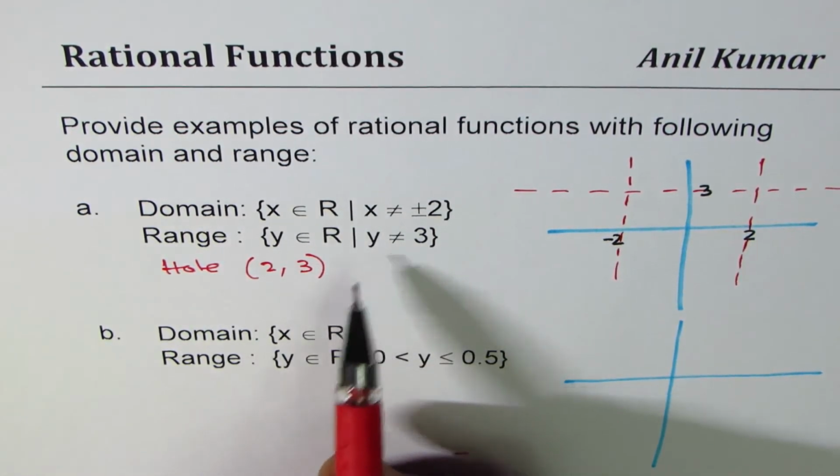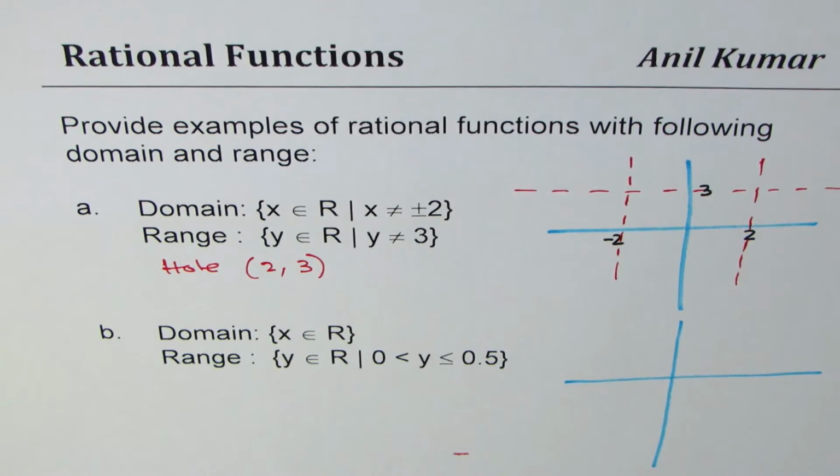So that's an idea, correct? So at 2 or minus 2, you could have a function which could lead to a hole. So that is also possible. So these are two different ways of solving this particular question, right? So I'll leave the equation for you, think about it, and then do it.